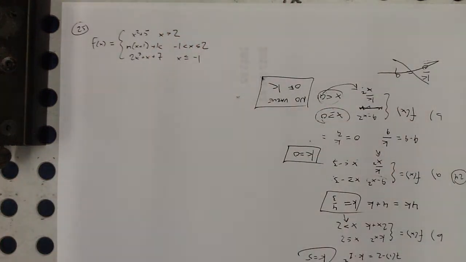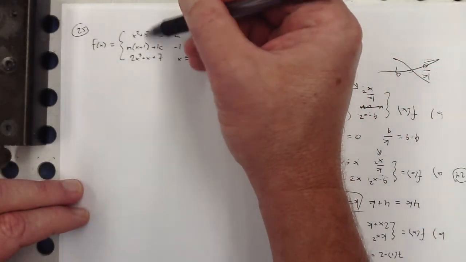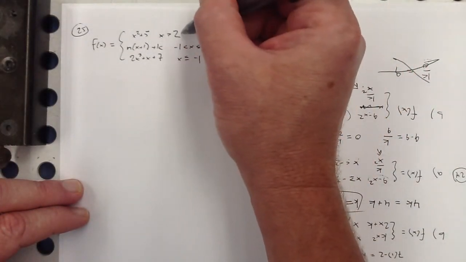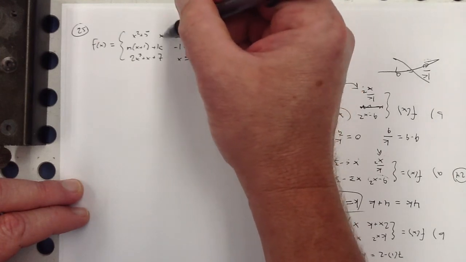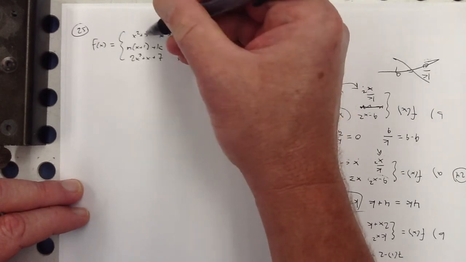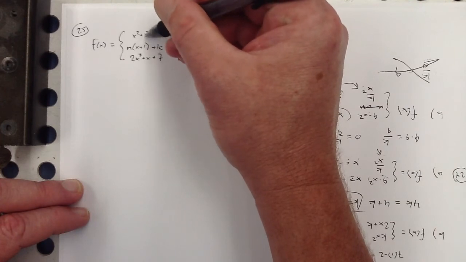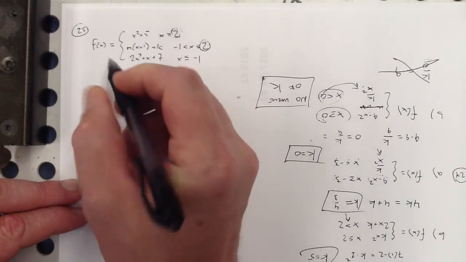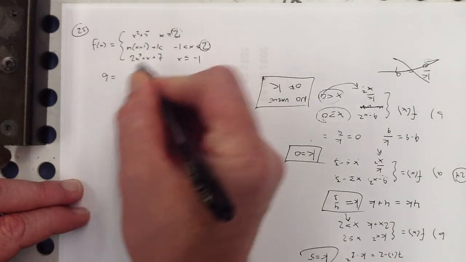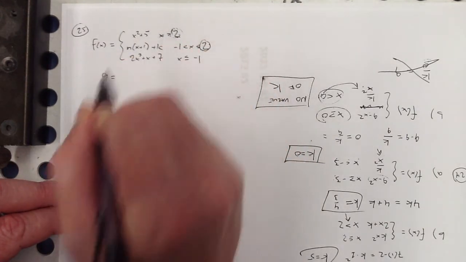Okay, so there's two transitions here. Here, when x crosses over 2, when it transitions from being greater than 2 to being less than 2, these are the two pieces that we're talking about. So when I plug x equals 2 in here, you get 9.